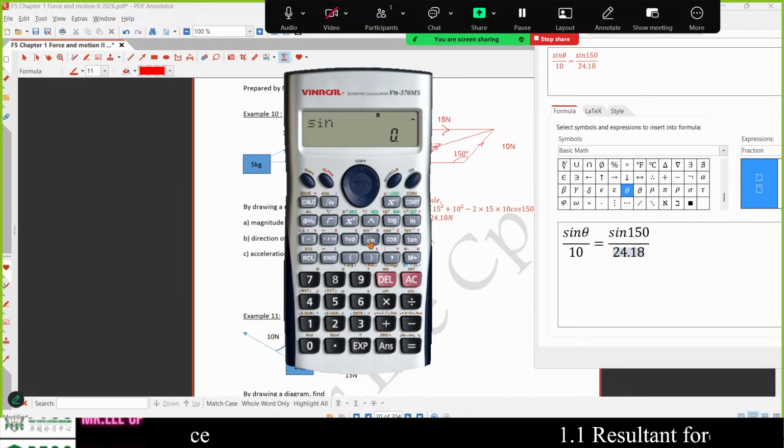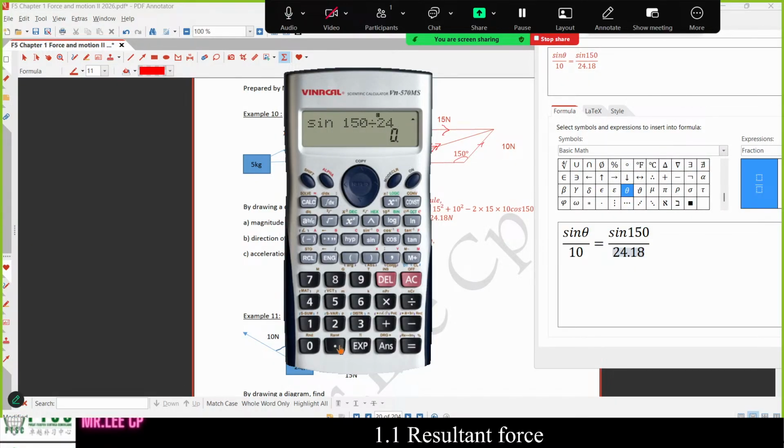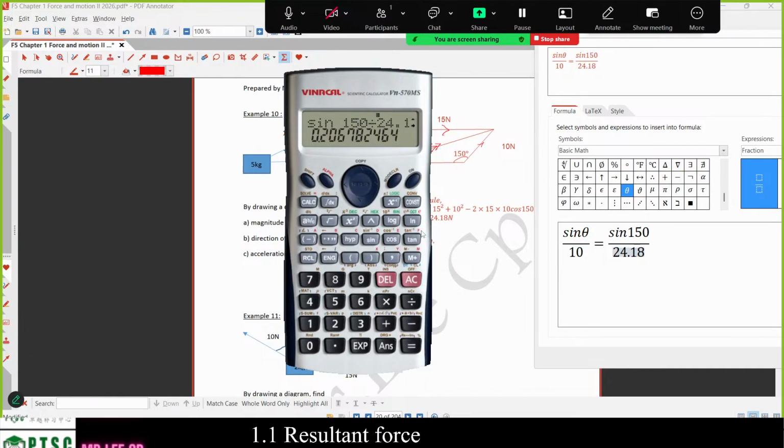Sine 150 divided by 24.18. This 10 comes to here and becomes times 10, which is my sine theta. So I shift sine to get my answer.